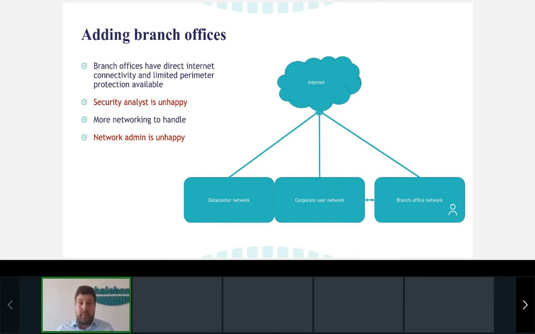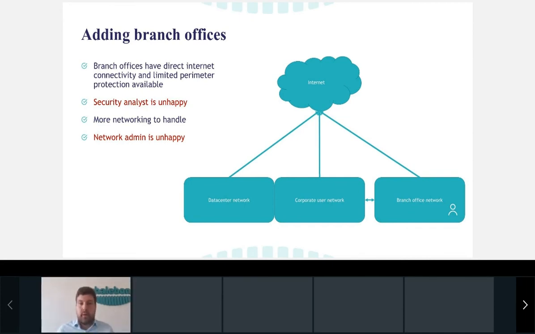But still, you probably want to have the internal systems communicate directly via some site-to-site VPN between the branch office and the corporate main network. So there will be some challenges for the network administrators and for the security analyst.